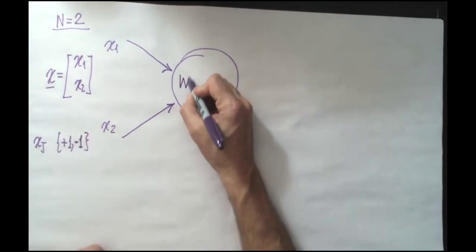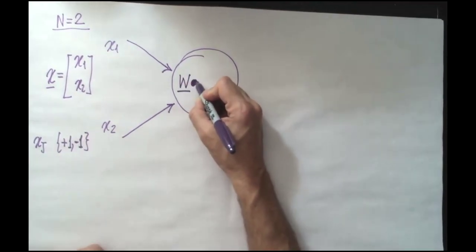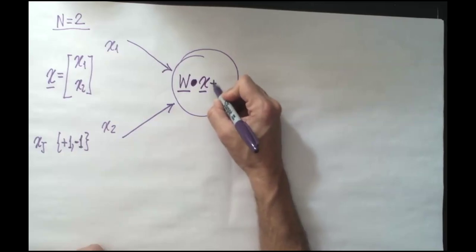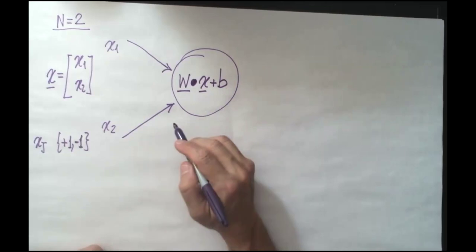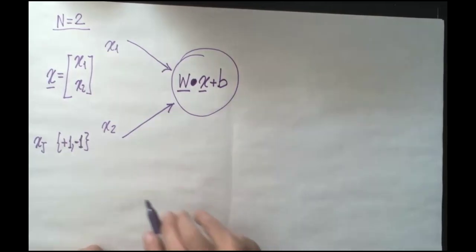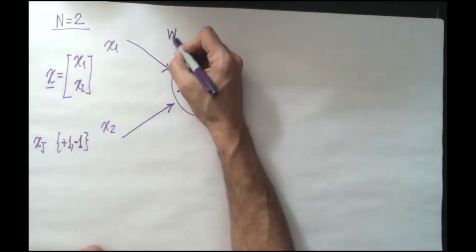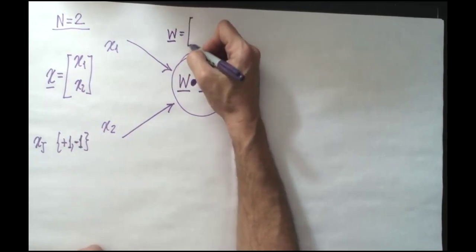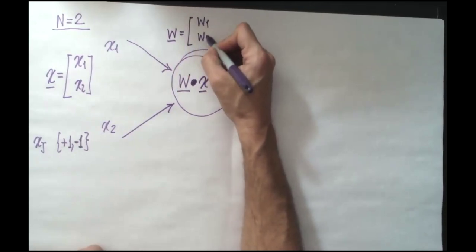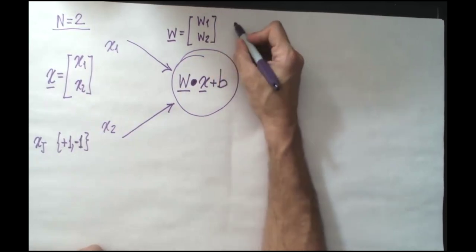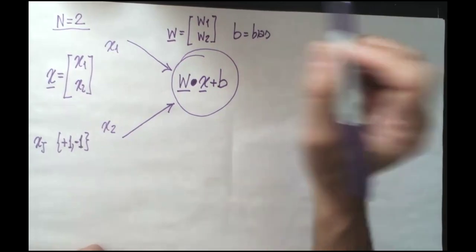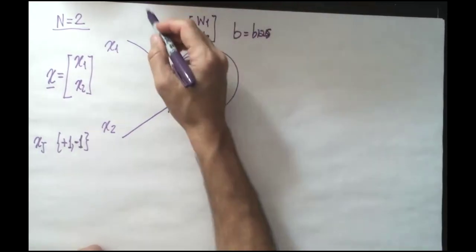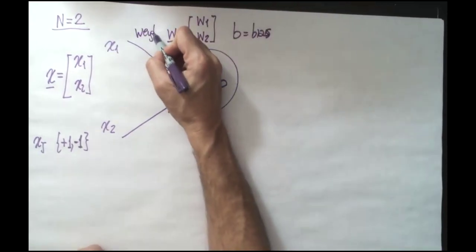Then inside here, we do the dot product with a weight vector and a bias. The weight vector is given by two components, w1 and w2, and then we have b, which is the bias. These are the weights.